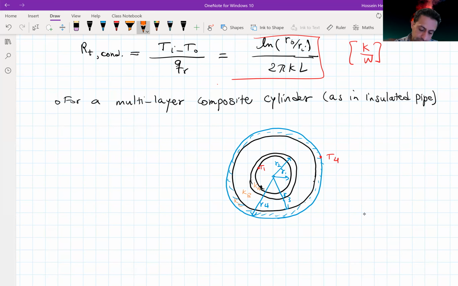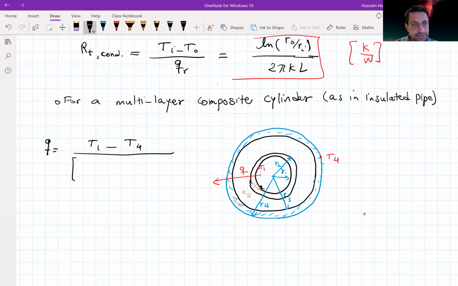Now, similar to what we did for a multi-layer solid wall in a Cartesian coordinate, we can get the overall heat flow rate that is passing through the pipe. That heat flow rate Q is going to be T1 minus T4, which is the temperature difference, and we have these layers in series.